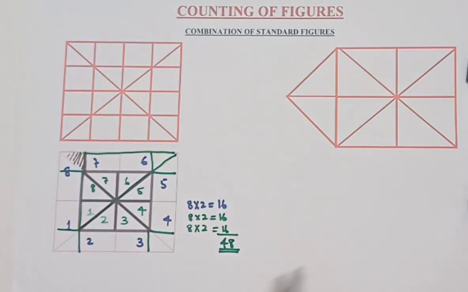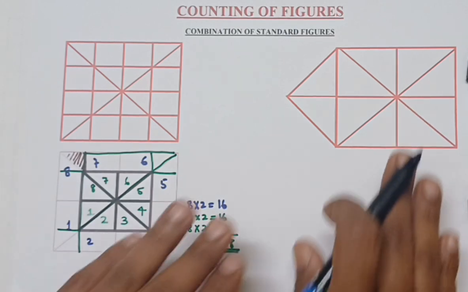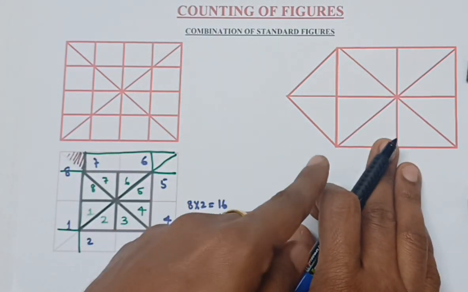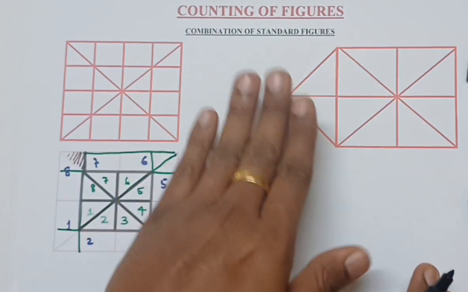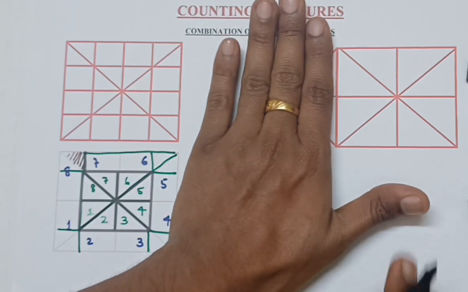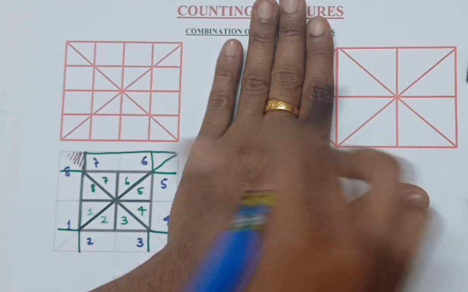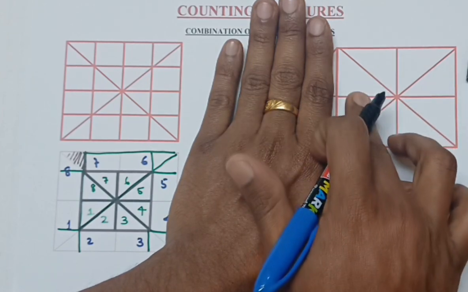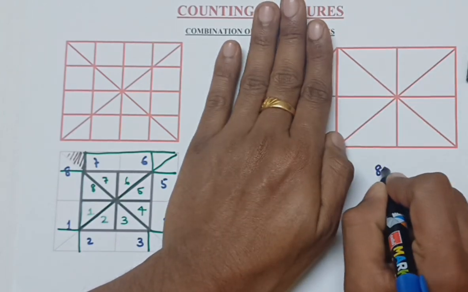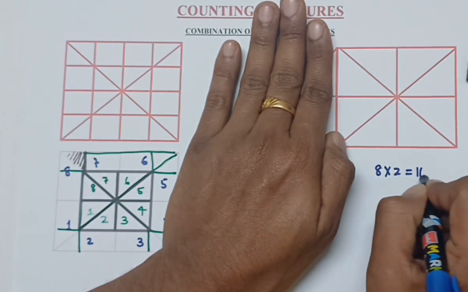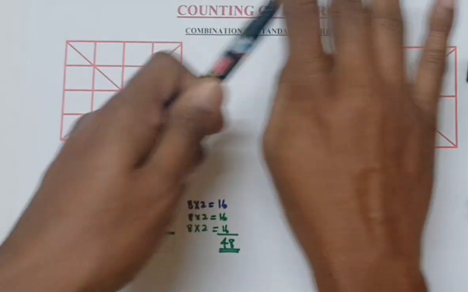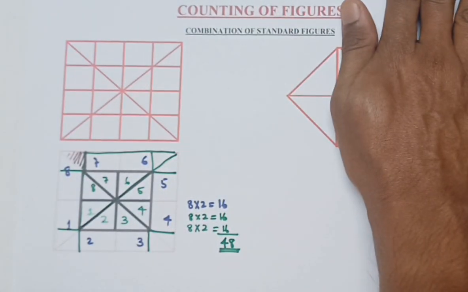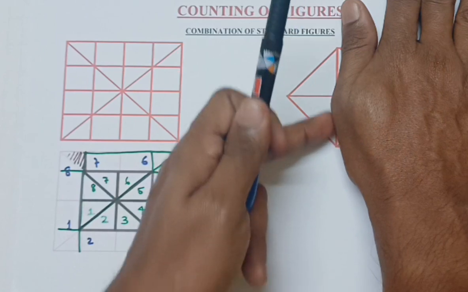Now coming to this question, this is also a combination of standard figures that we have explained earlier. This is the case we have explained just now and earlier also. This will give you 8 triangles. So 8 into 2, that is 16, and if you avoid this part, this is a triangle with a common vertex.